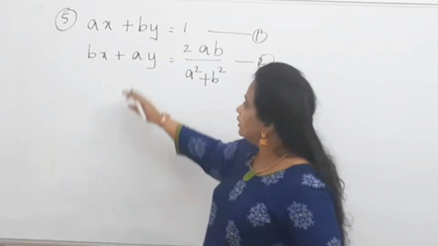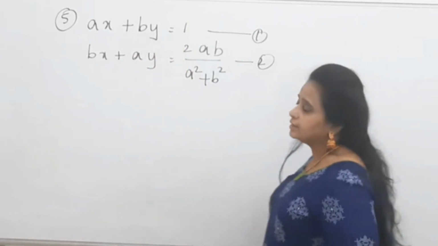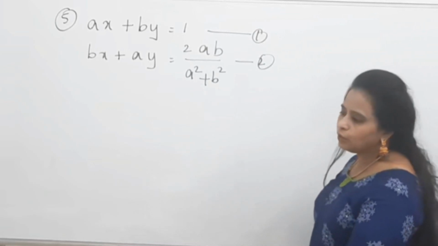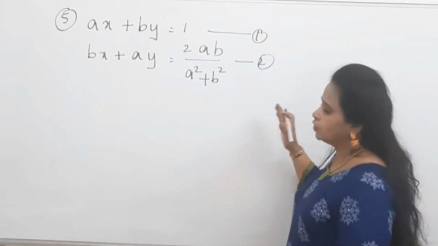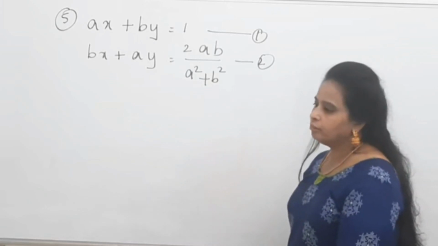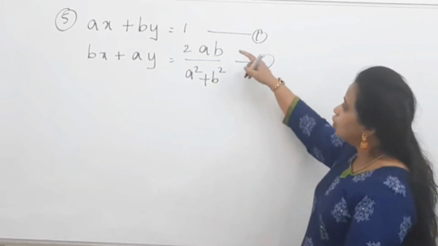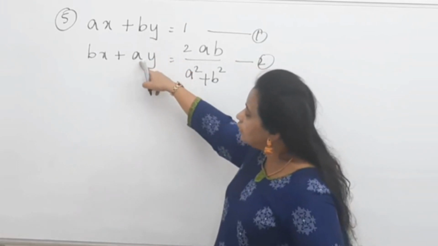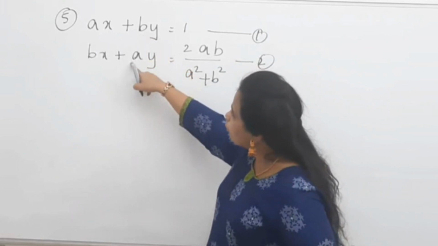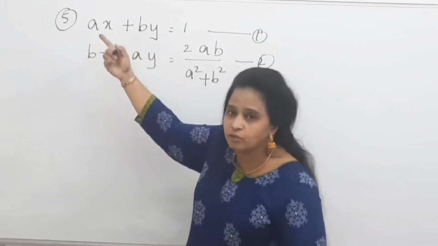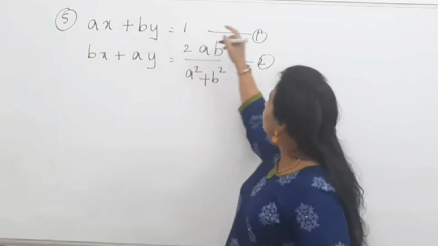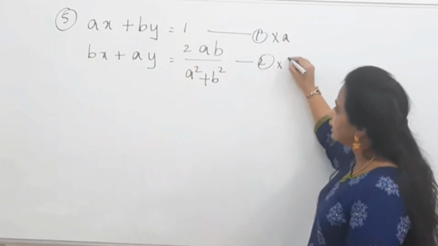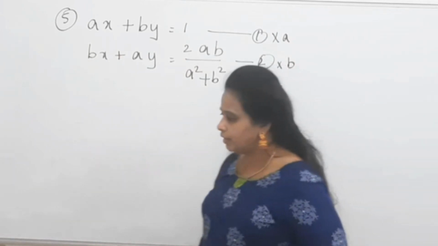Children, the fifth question is ax plus by is equal to 1, bx plus ay is equal to 2ab by a square plus b square. Now, I'm going to solve these equations just by picking up my y variable, and I'm going to cancel my y. Even though both are plus, I have to change the symbol. So, I'm going to multiply the first equation by a and the second equation by b.